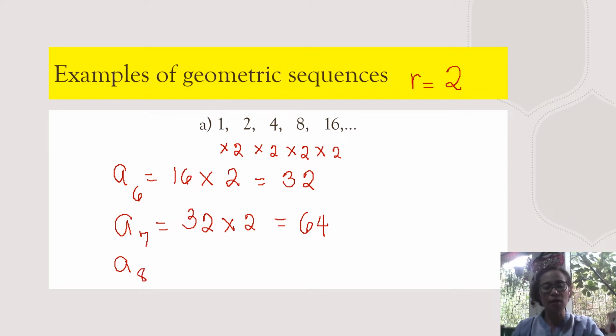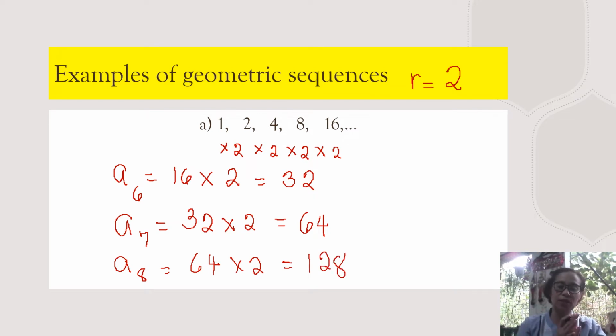And a sub 8 would be 64 times 2, that's 128. So that's how a geometric sequence works: you have a common number that you multiply to the previous term to get the next term.